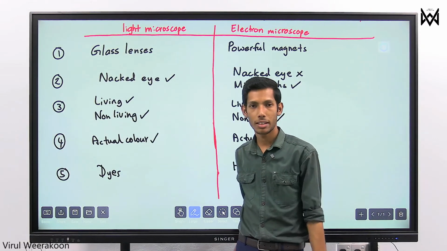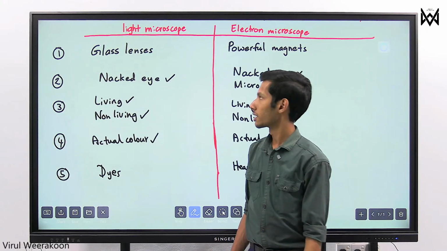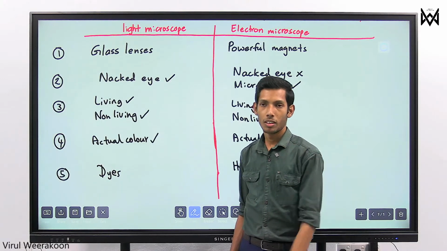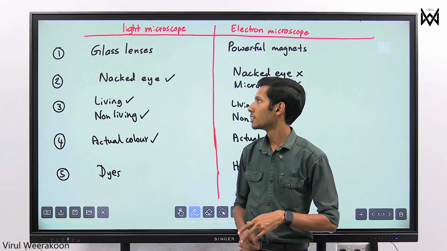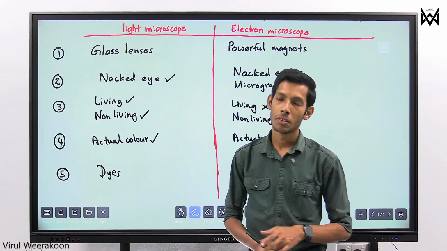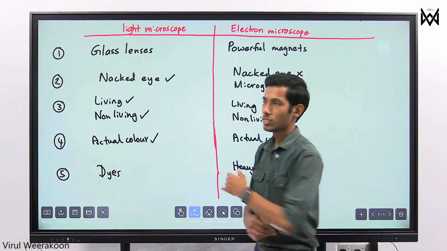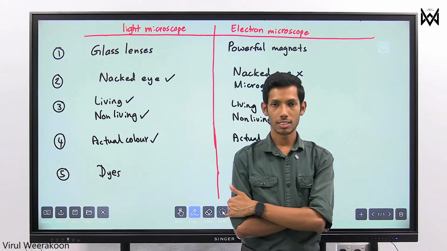That is called the electromagnetic spectrum. The light microscope uses the visual range, so glass lenses are enough. Those convex glass lenses can manage it.